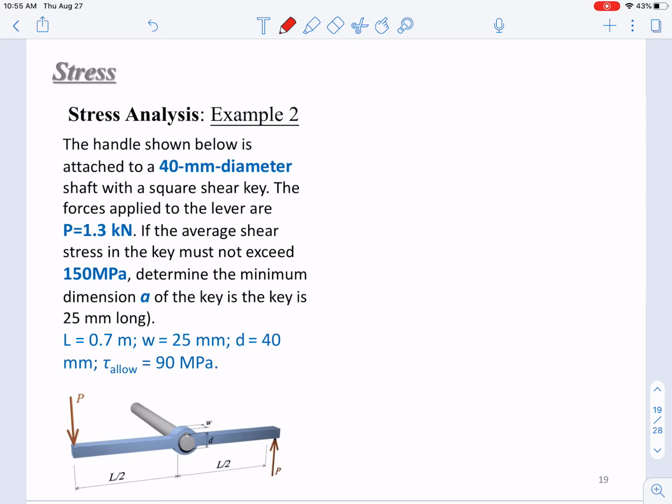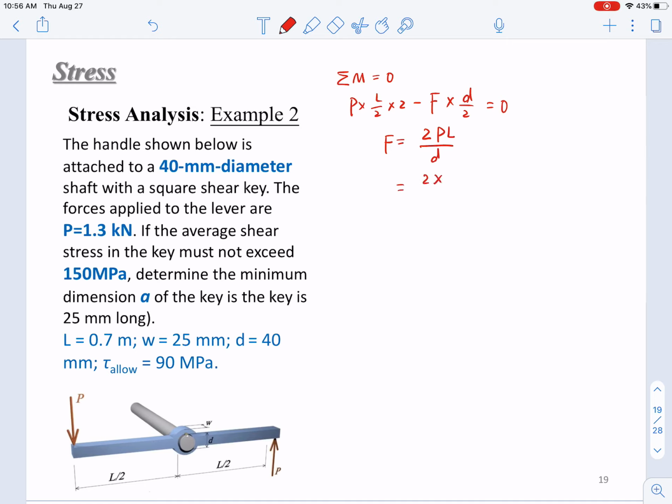We have written this equilibrium equation: sum of M equals 0, or P times L over 2 times 2 minus F times d over 2 equals 0. So the F equals 2PL over D.